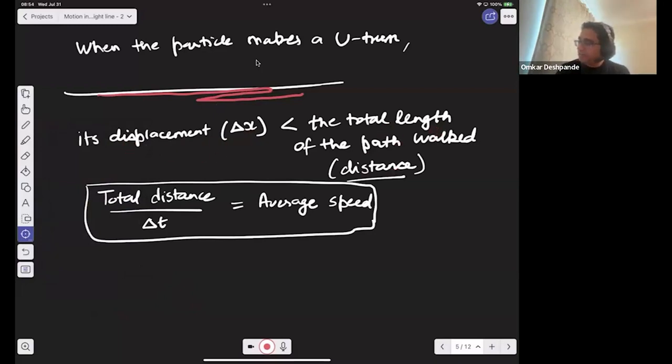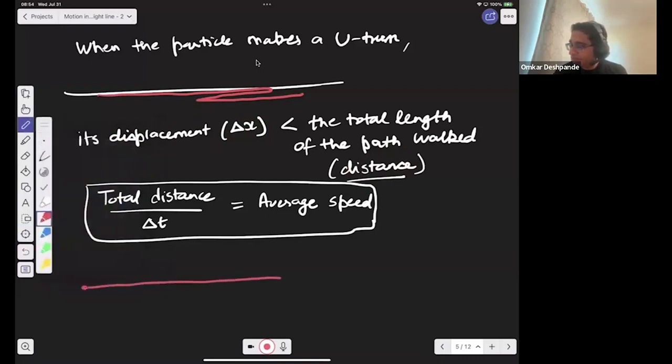So dividing both by delta t, the average velocity in general is going to be less than the average speed, right? So as an extreme example, if a particle starts from this point, it goes there and it comes back to the same location. We saw that with a football player last time, who comes back to the same location on the football field.